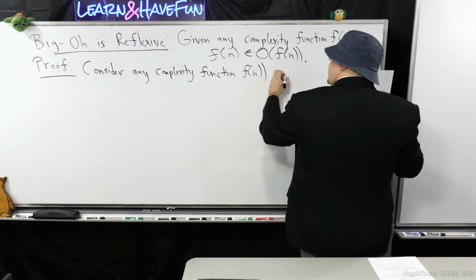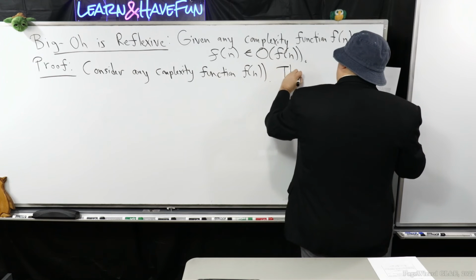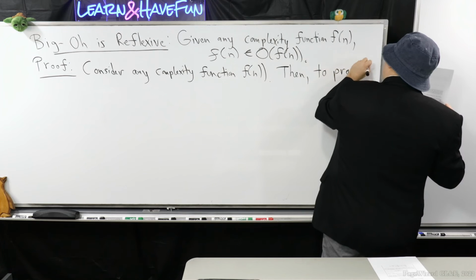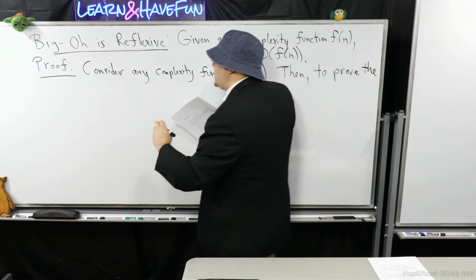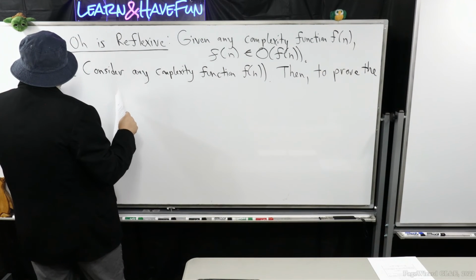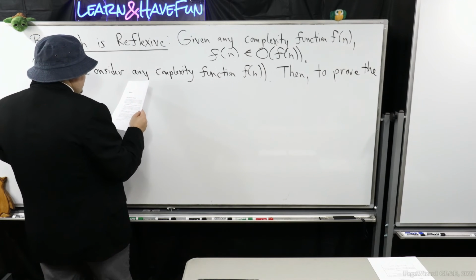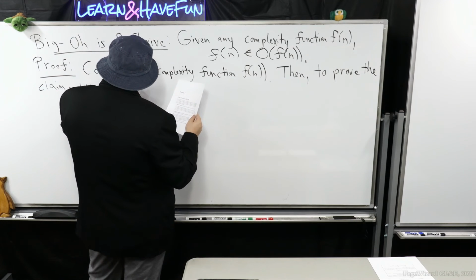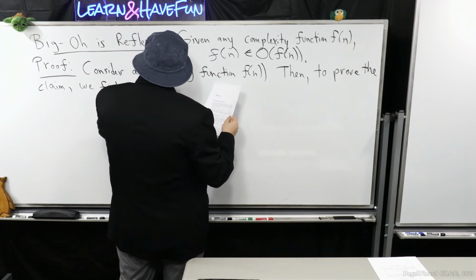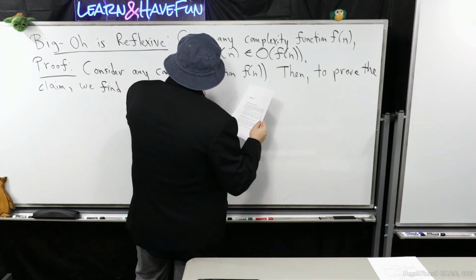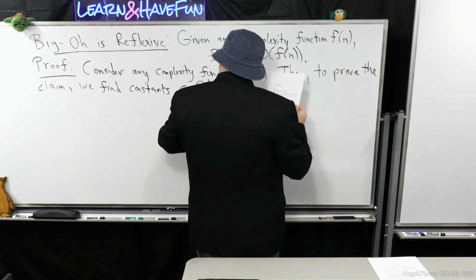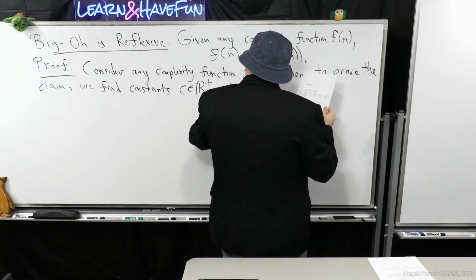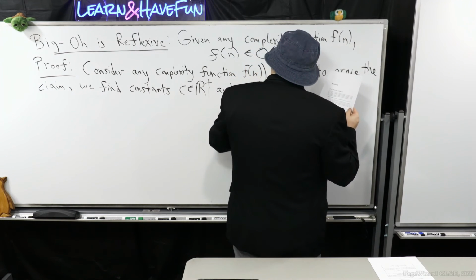So then, to prove the claim, we find constants c, which is a positive real number, and n0, which is a positive integer.